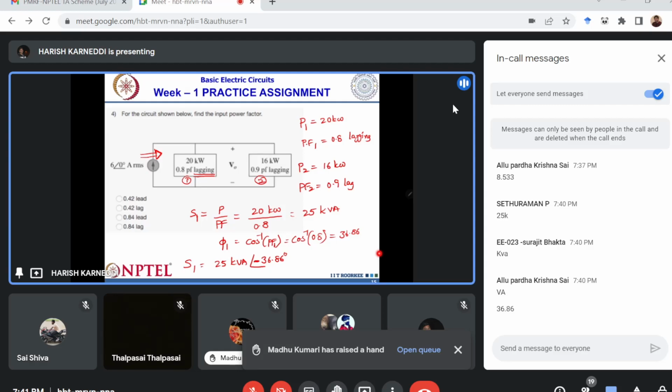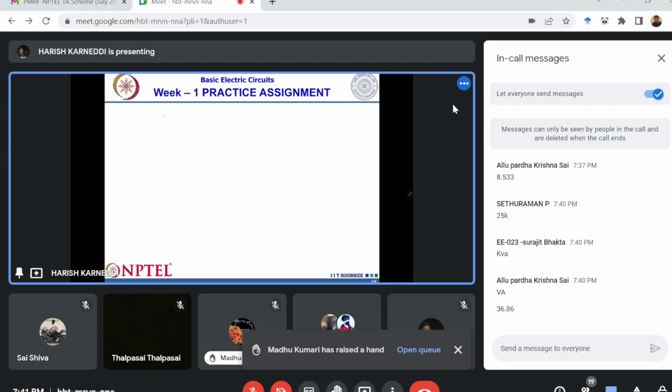Okay. Similarly, for load 2, that is S2 equal to P2 by power factor 2.